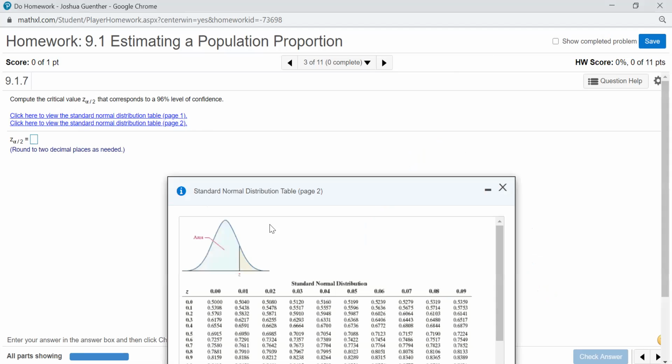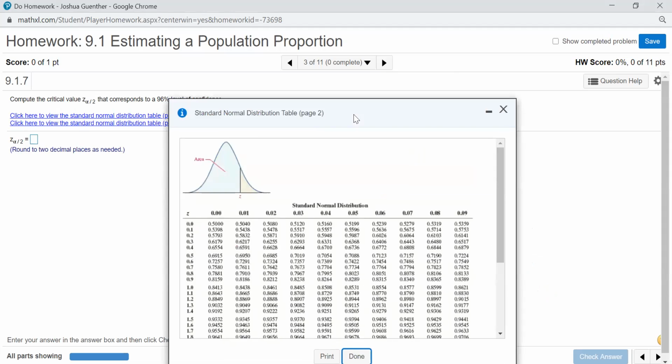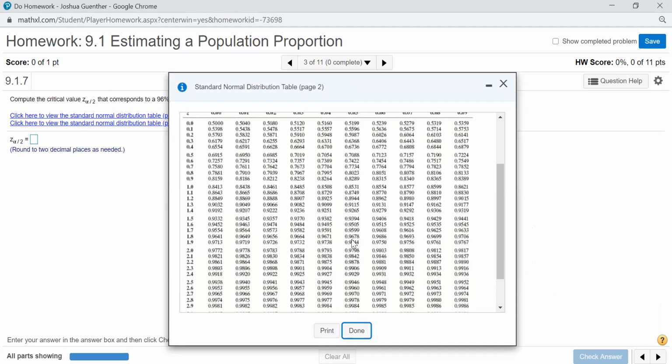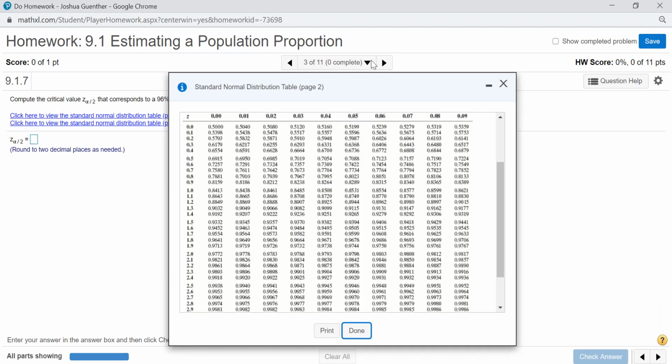So keeping that in mind, we know it's going to have to be a positive z-score. We're looking for 0.98 inside the table, or as close as we can get to it. Let's see, it looks like the closest we can get is 0.9798. 0.9803 goes just a little too far the other way. So 0.9798 is about as close to 0.98 as we can get.